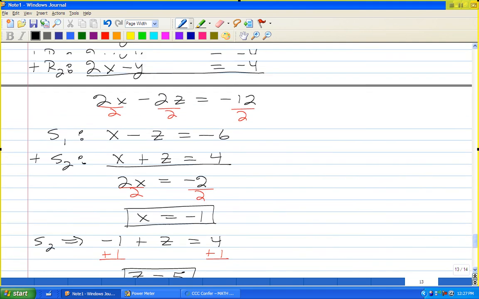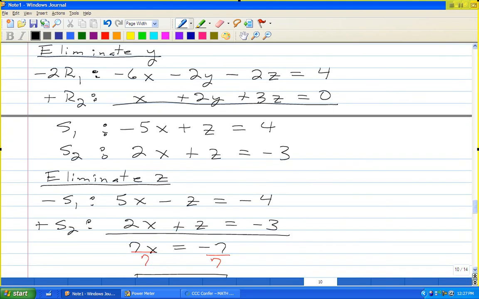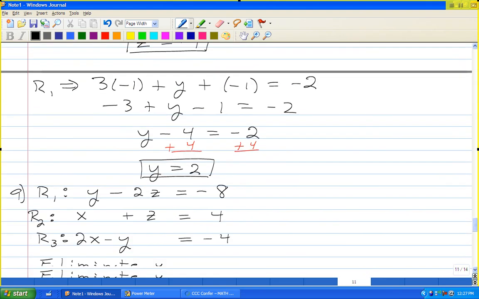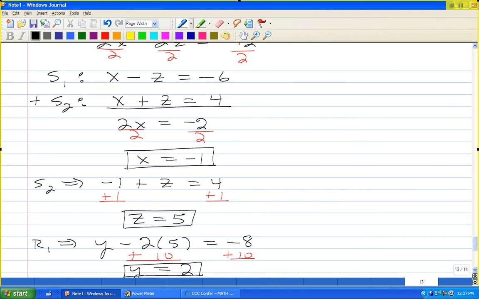By the way, each of these are the cases of, and maybe I should say that here, well, I'll put it on the side. Each of these here are consistent systems.